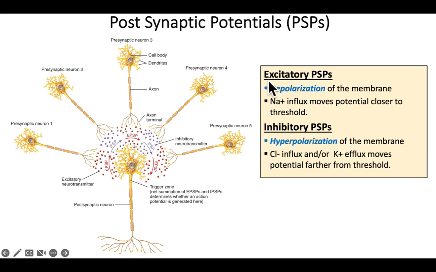Excitatory is what we've basically been talking about, where a neuron releases a neurotransmitter that causes depolarization, reaching threshold at the trigger zone, and then causing an action potential down the axon. That would be excitatory. So you'll notice this neuron is excitatory, this neuron is excitatory, this neuron is excitatory.